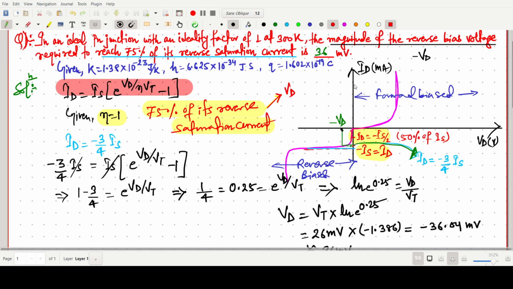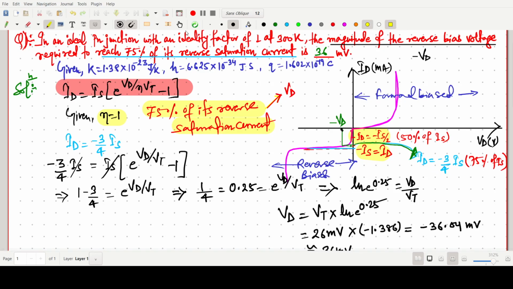The vertical axis is ID, and this one is the saturation current, ID equals minus Is, the negative. In the middle it should be minus Is by 2, and 75% of Is is minus 3 by 4 of Is. This will act as our ID value, so that's why I'm writing this as ID.